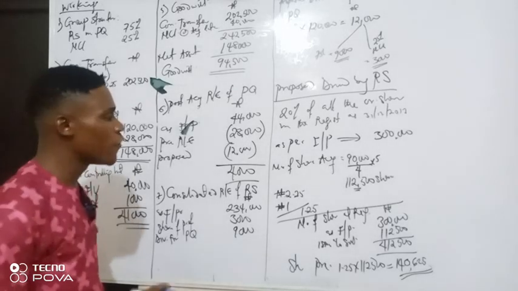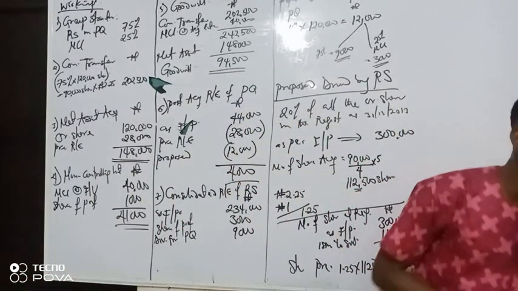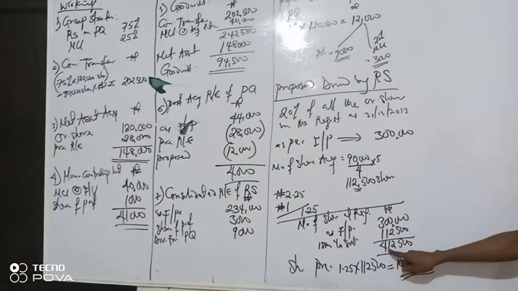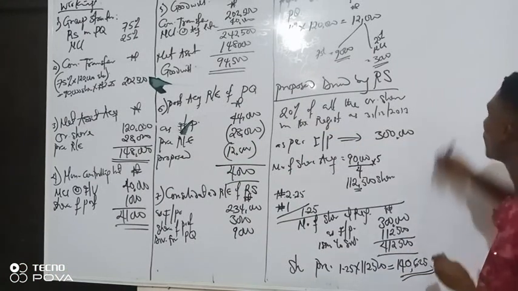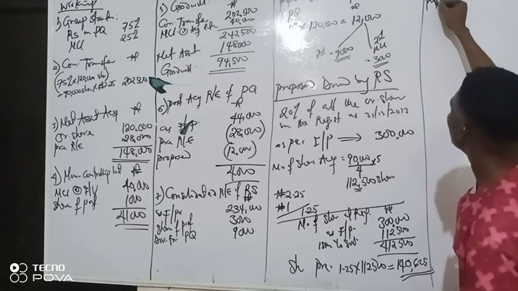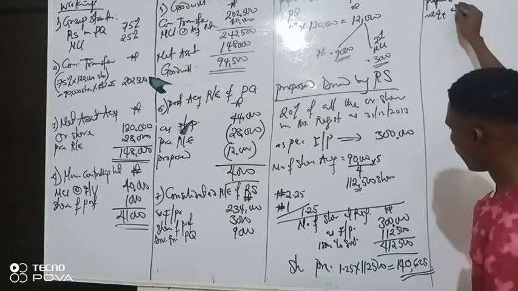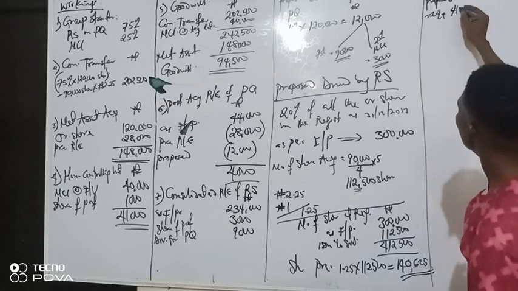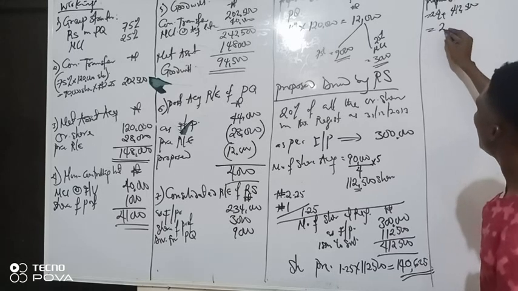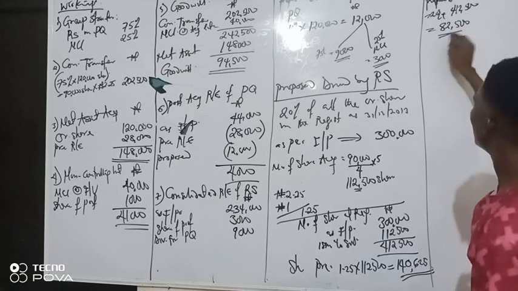Are we together? To get our dividend, don't forget dividend is paid on nominal value. So that is 20% of how much? 412,500. Therefore our proposed dividend will be 20% times 412,500, which is 82,500.